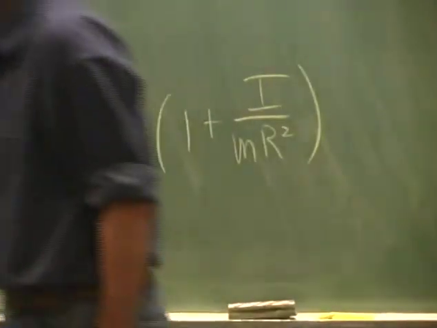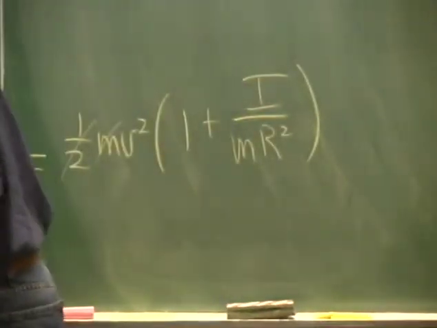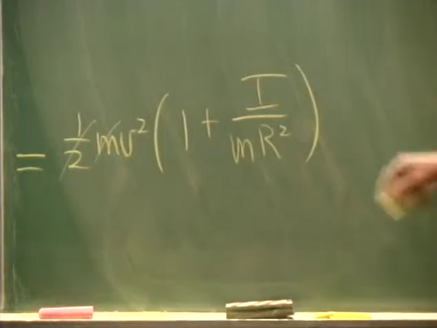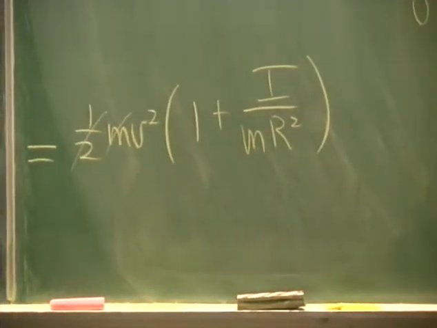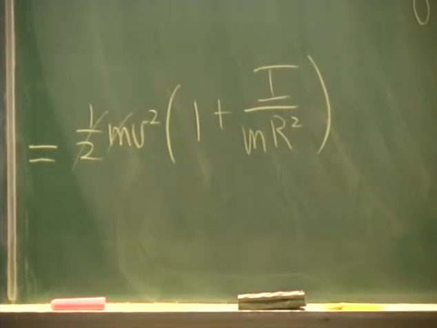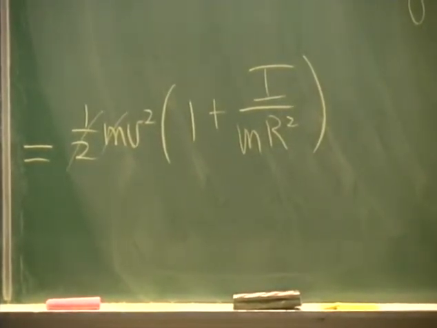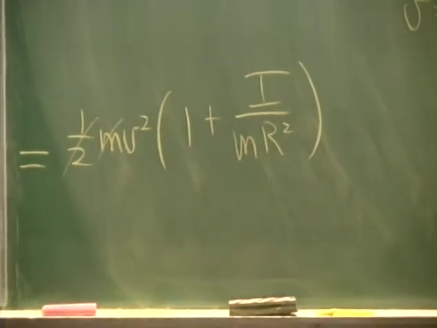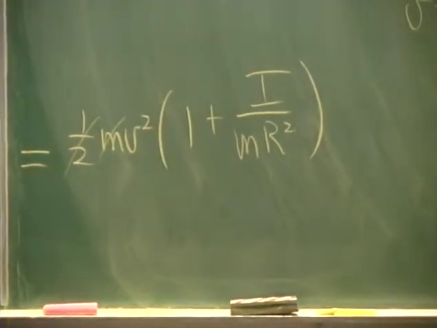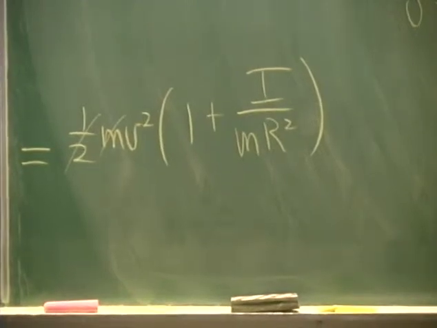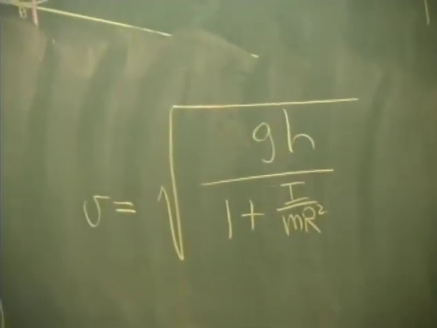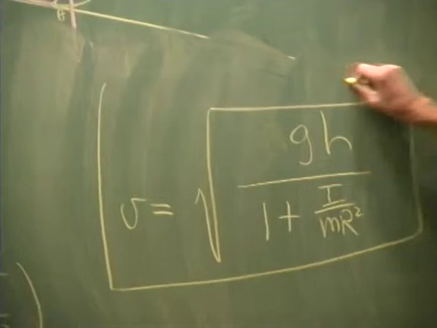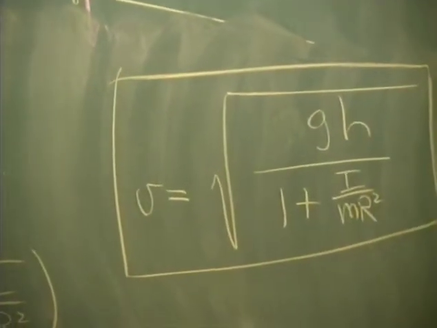So cancel the m's, multiply through by a 2, divide by the 1 plus I over mr squared and take the square root, and I would get v is equal to the square root of gh over 1 plus I over mr squared, the m's are out of it. Did I do that right? There it is.